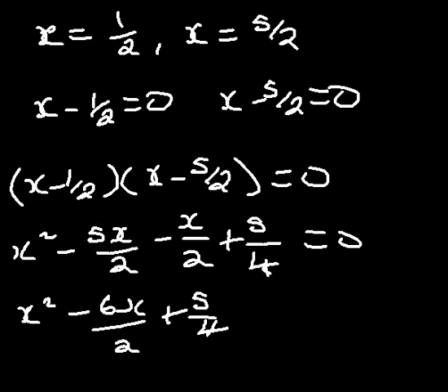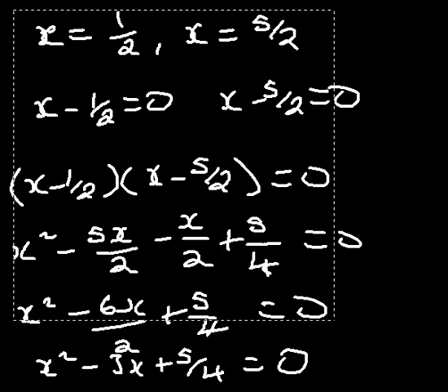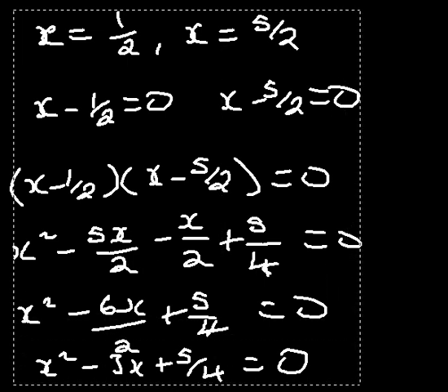Otherwise, you can express this as a single fraction, which is equal to 0. And of which you can say x squared minus 3x plus 5 over 4 is equal to 0. So which means we have b being given as negative 3 and c is given as 5 over 4. So that's how we do it.